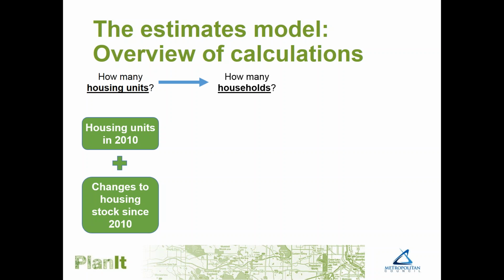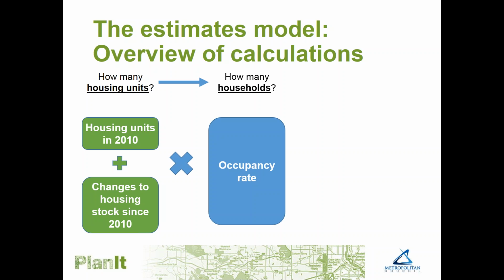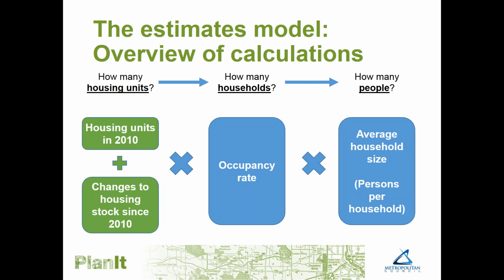To do that, we multiply the number of housing units by the occupancy rate. And that's because households are just occupied housing units. And finally, once we have the number of households, we can estimate the number of people in those households. To do that, we take the number of households and multiply it by the average household size, also known as the persons per household.